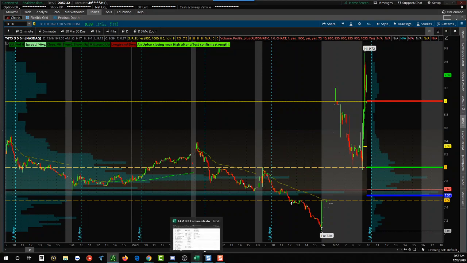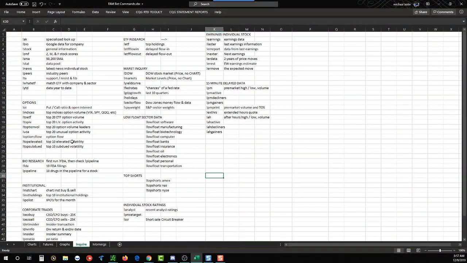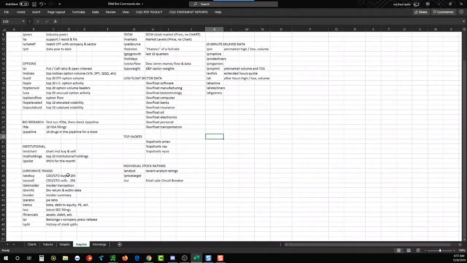Depending on what you use for scanning, you can actually scan for put call ratios, open interest, top ETF option volume, option activity, volume leaders, unusual option activity, elevated volatility, subdued volatility. Then you can start getting into things like CEO, CFO buybacks, insider transactions.